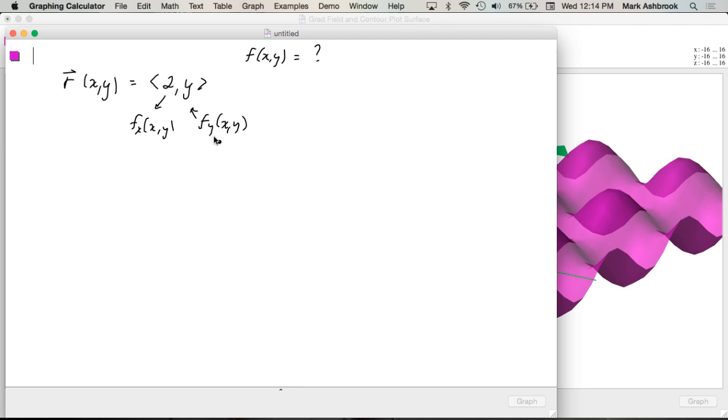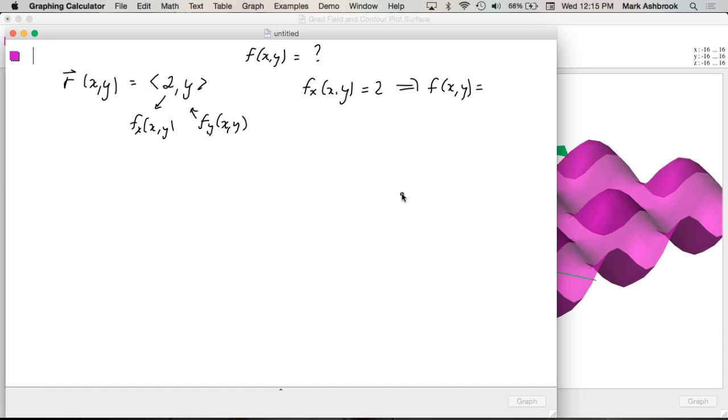So if this is the partial with respect to x, we can get an idea of what the potential function is by doing what? If the partial of f with respect to x equals 2, then from that we can get an idea of what f of x, y is.